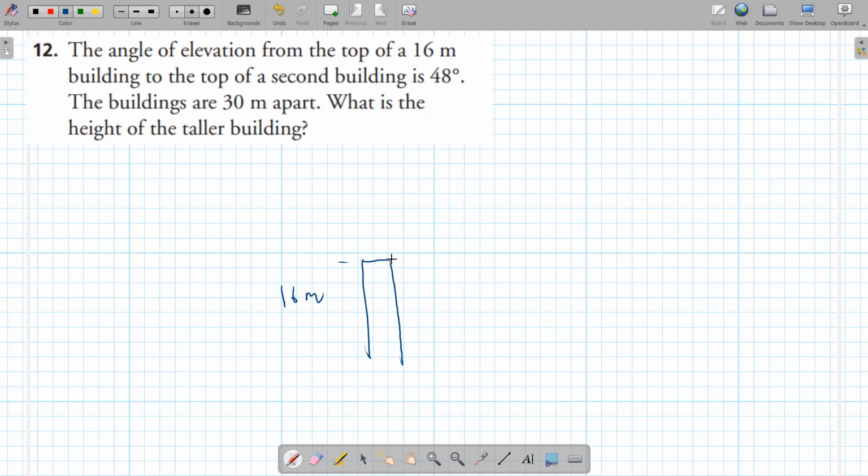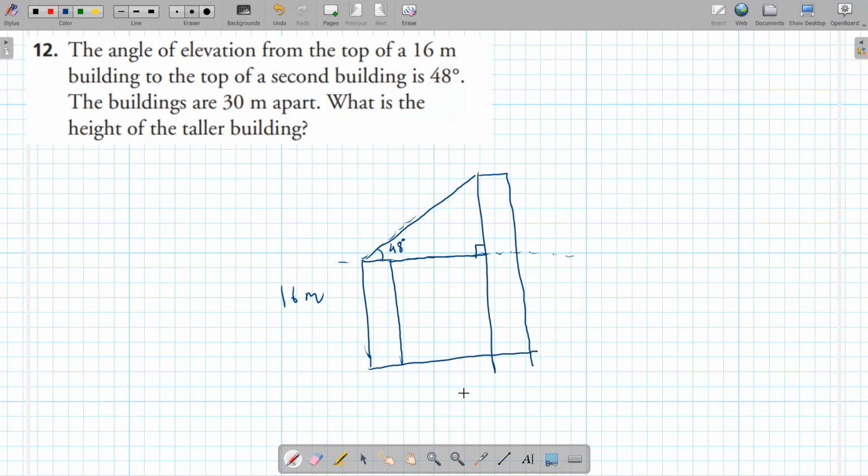And there's a second, taller building, and when you look at it from here, we get an angle of elevation of 48 degrees. We know there's going to be a right angle here, and we know the distance between the two buildings is 30 meters.